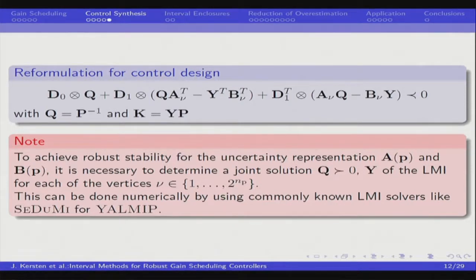Note that for the robust stability for the uncertain representation, it is necessary to determine a joint solution of Q, of course, for all the vertex matrices. And this can be done numerically by using commonly known LMI solvers. In this case, it was SeDuMi for YALMIP.